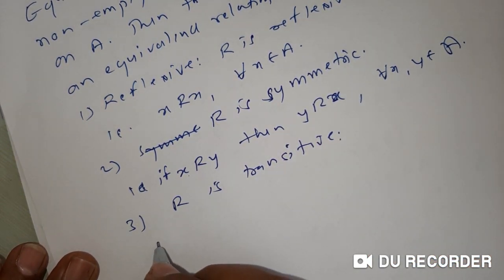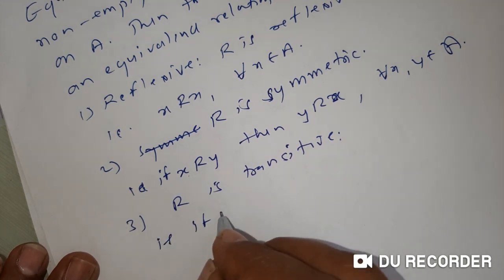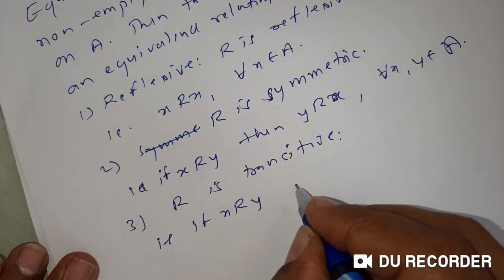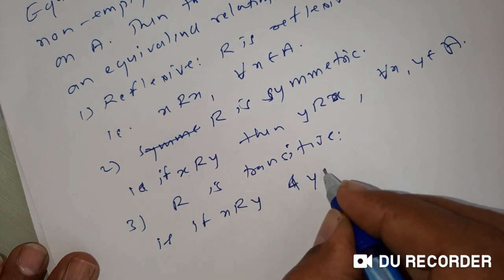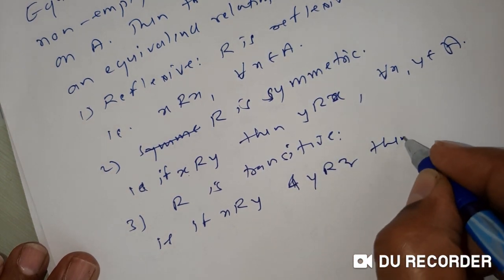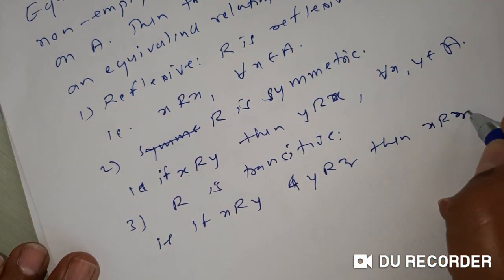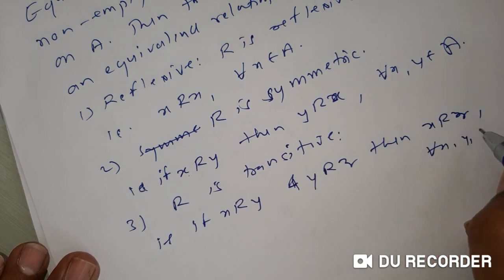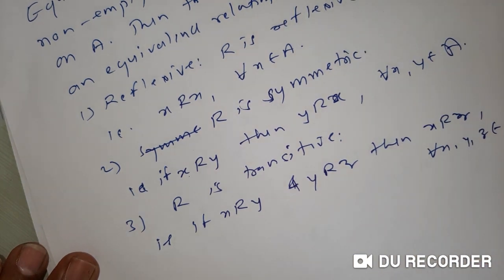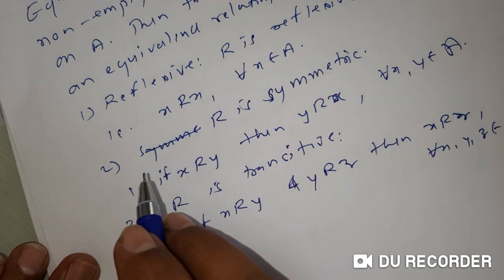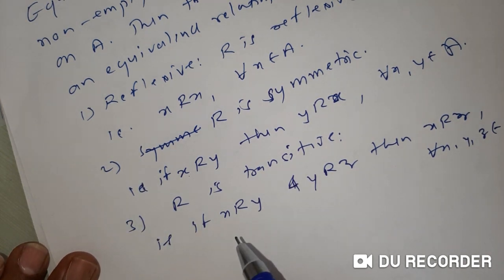So when R is transitive, that is, if x is related to y and y is related to z, then x is related to z, for all x, y, z belongs to A. If this is true, then we say the relation is transitive. And if these 3 properties are satisfied by the relation R, then we say the relation R is an equivalence relation on that set.